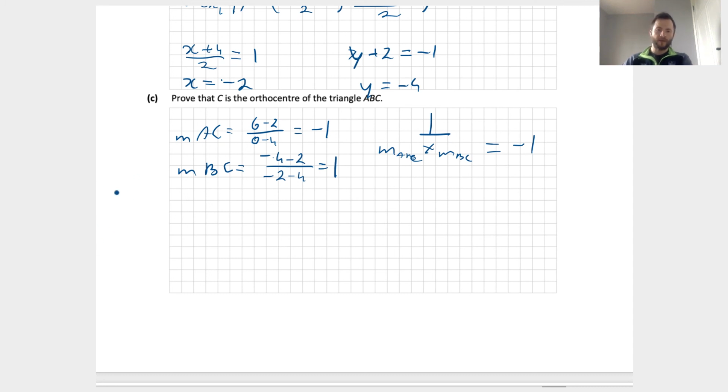Then I need to find the equation of each line. So line AB, using point (0, 6), y minus 6 equals minus x. So from here I get that x plus y minus 6 equals 0.